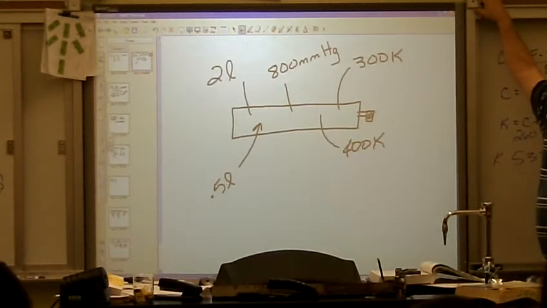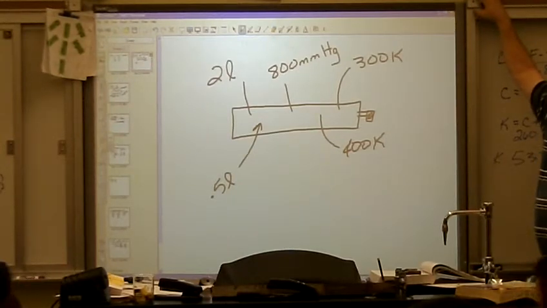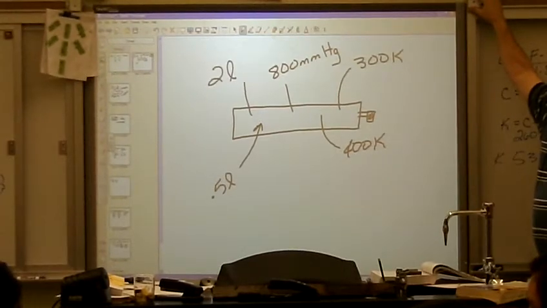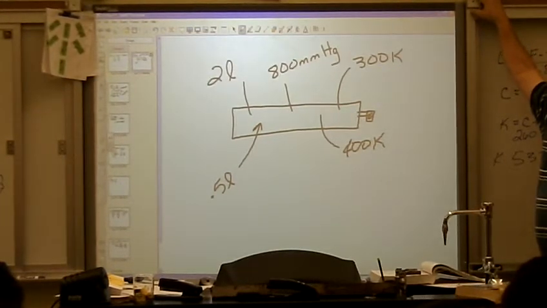Can we figure out what the new pressure would be inside of this container if I were to change both the volume of the container and the temperature of the container? Which gas law do you want to use? The combined gas law, because all three things, volume, temperature, and pressure, are all changing.